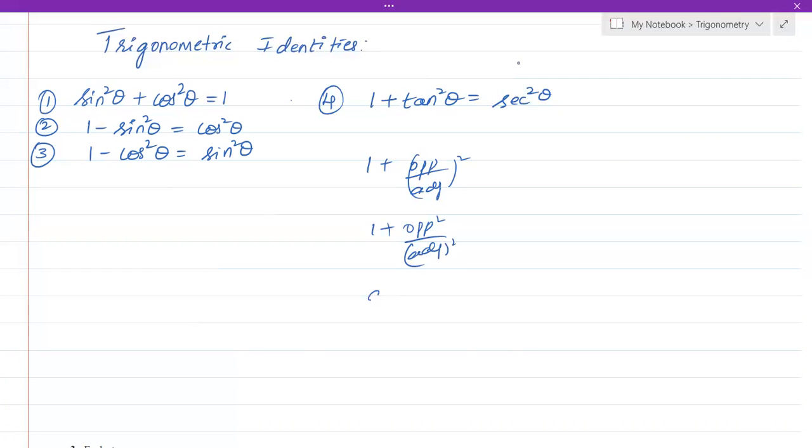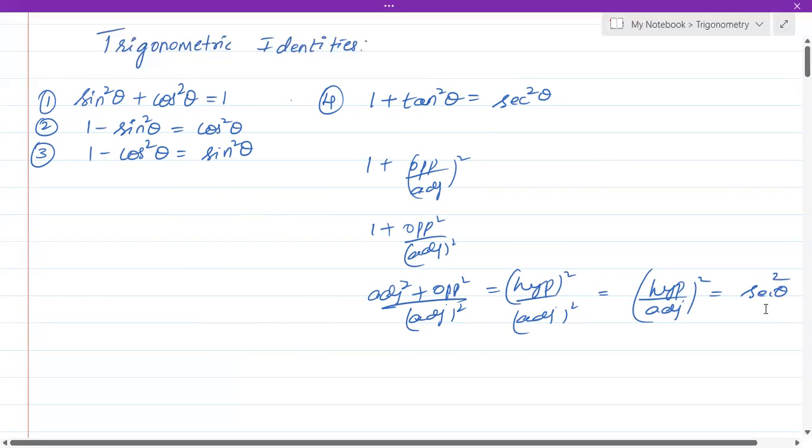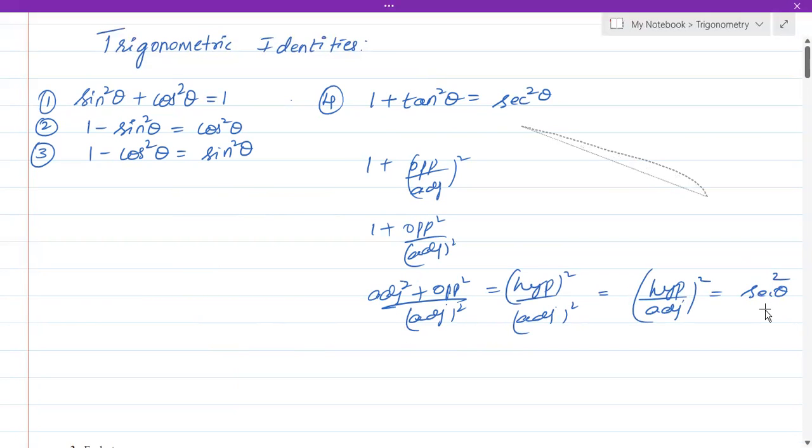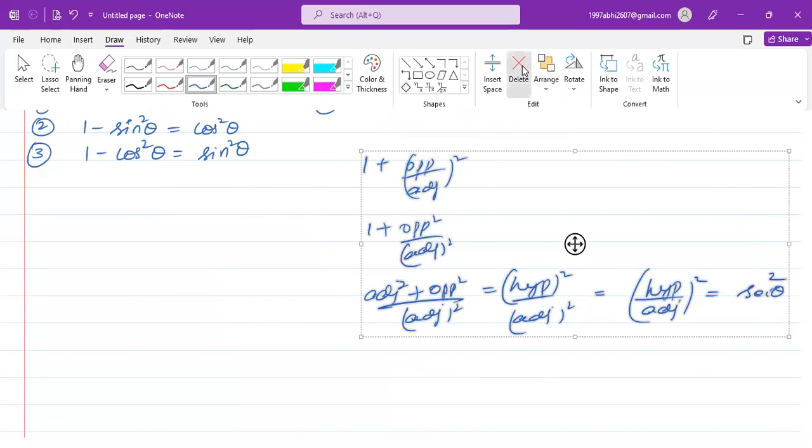If you take LCM, it becomes adjacent square plus opposite square by adjacent square. Adjacent square plus opposite square is hypotenuse square, so hypotenuse square by adjacent square. Both are squares, so you can make it hypotenuse by adjacent, the whole square. Hypotenuse by adjacent is secant theta. Since there is a square, it becomes secant square. So you can try this out, and you have done it.